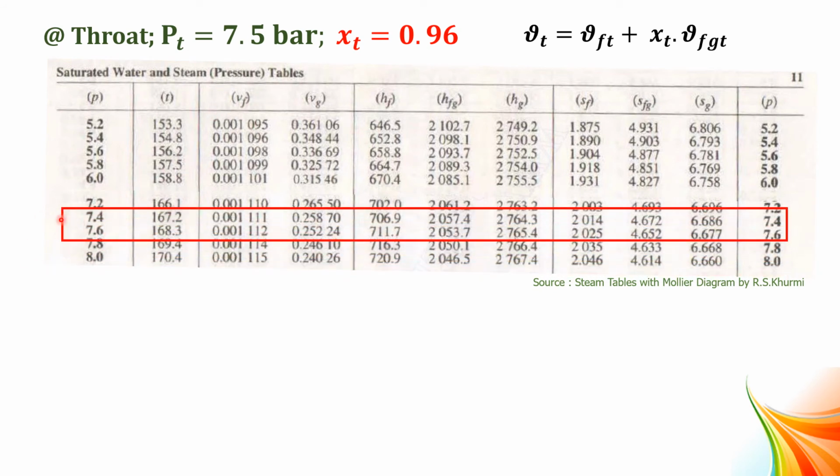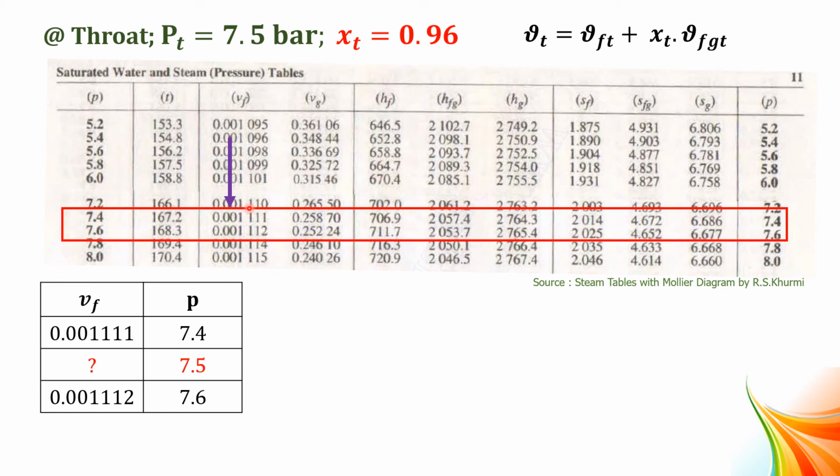See here, the 7.5 bar value is not there, so we have to use interpolation. See here, Vf values corresponding to 7.4 bar and 7.6 bar are listed in this table, and we have to find out the value corresponding to 7.5 bar by interpolation.